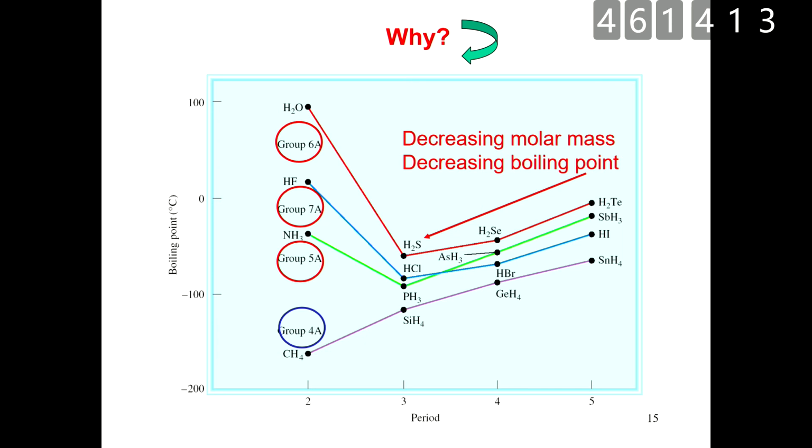For example, they are small and have few electrons. So the dispersion forces between the molecules should be weaker than this one, right? But in fact, they still have a high boiling point. Why?